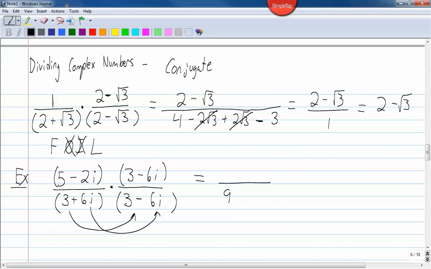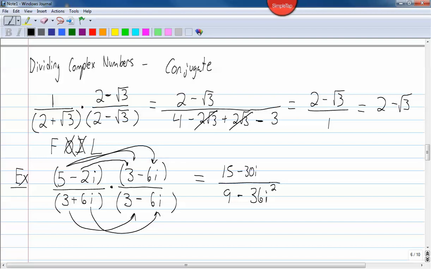So that gives me 3 times 3 is 9, and then positive 6i times negative 6i. A positive times a negative is negative 36i squared. I haven't done anything with the numerator yet, so let's multiply it out. We do have to FOIL that. 5 times 3 is 15. 5 times a negative 6i is negative 30i.